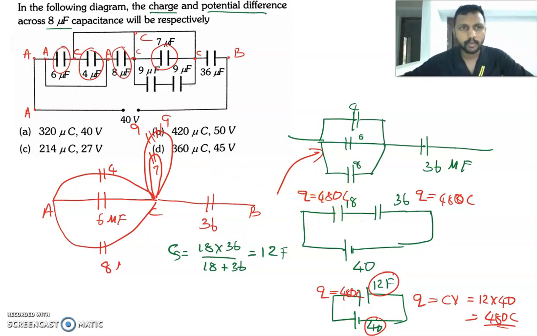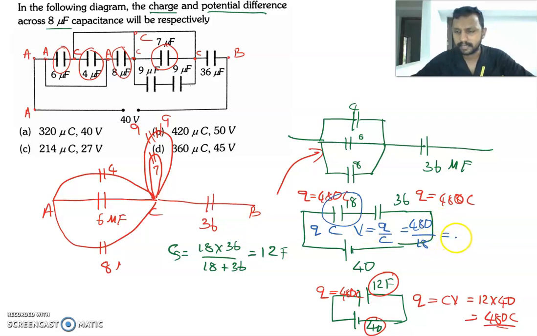From this we know Q and C. Therefore, V is equal to Q by C, that is 480 by 18, the potential across the 18 farad capacitor, and you will get 26.66 something.